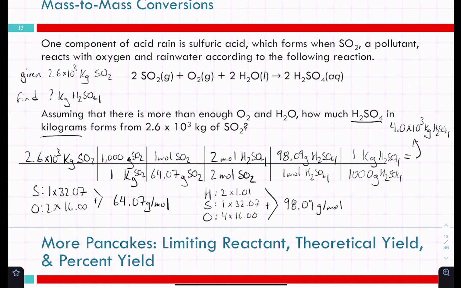There I left out all of those extra numbers, but I'll go ahead and type it in: 2.6 e to the 3 times 1,000 times 2 times 98.09 divided by 64.07 divided by 2 divided by 1,000.